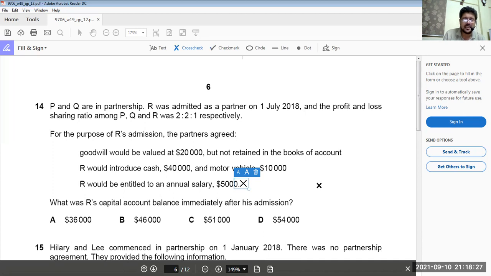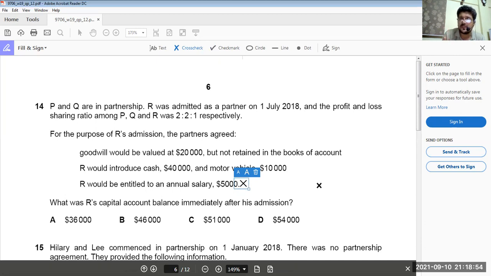his investment is 40 plus 10, 50. His share of goodwill is... when removing goodwill from the books, how much will he contribute to remove the goodwill? 1/5. So 20,000 divided by 5.